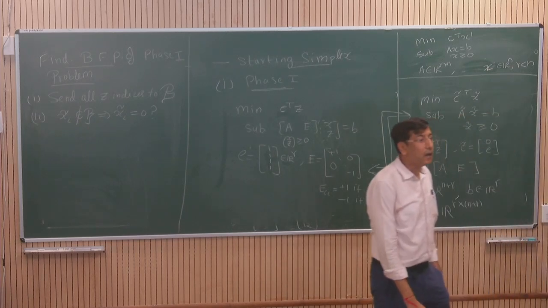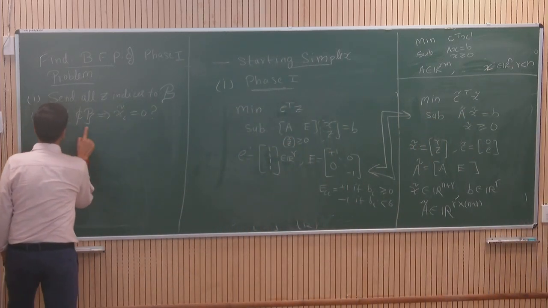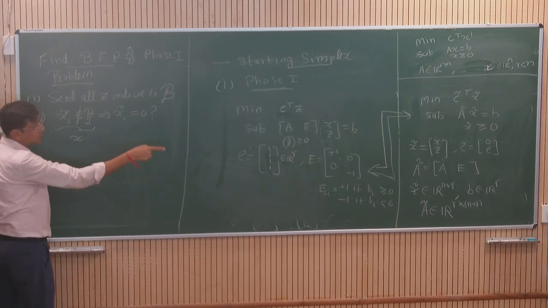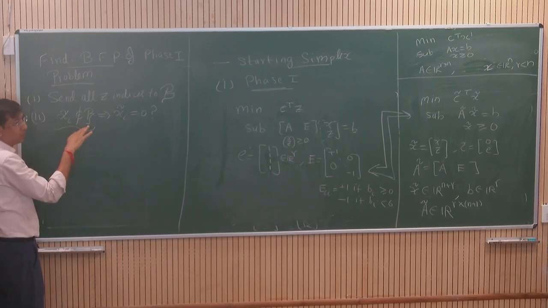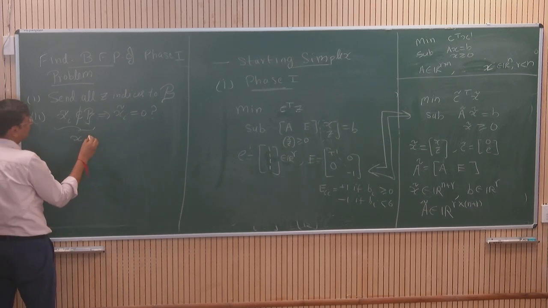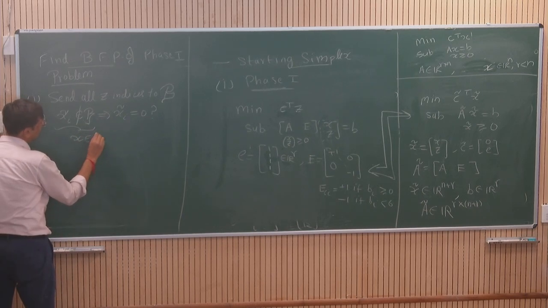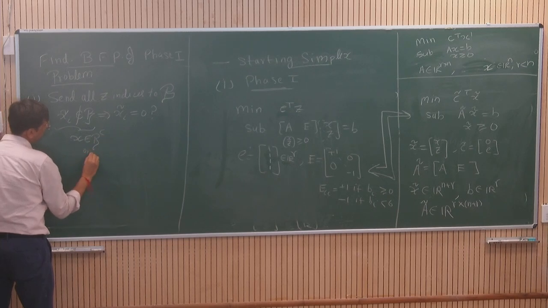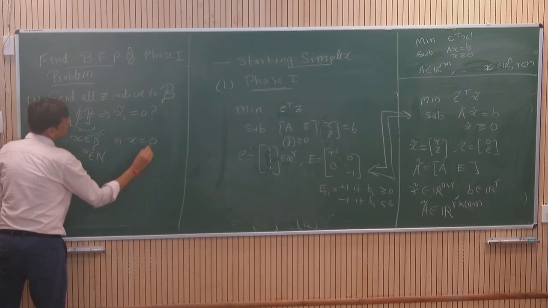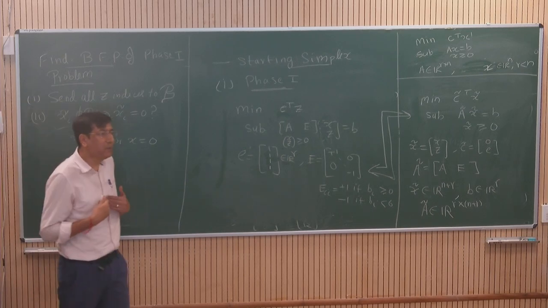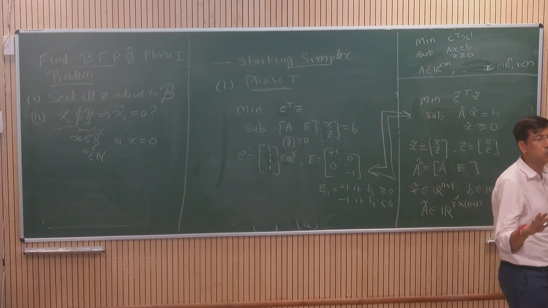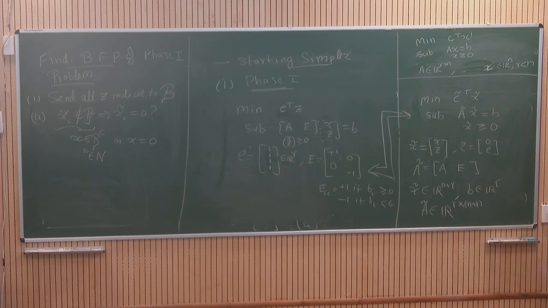What is X tilde i not belonging to the B set? Just the X, because it's X and Z. Z you have taken into the B set. So X indices will go into the complement of B set, the N set, or X is equal to 0. We have a flexibility here. We have no idea which one to pick, so I'll force the X's to be equal to 0. Everybody with me?